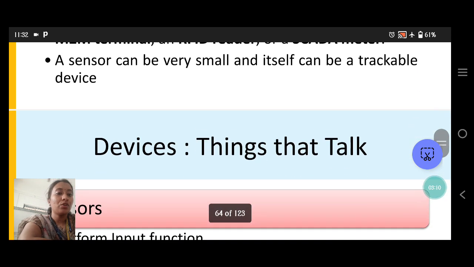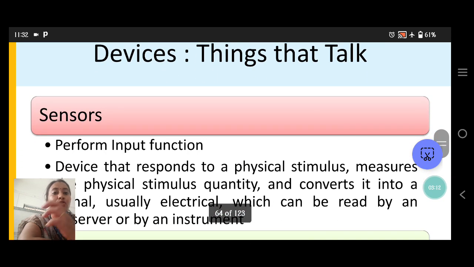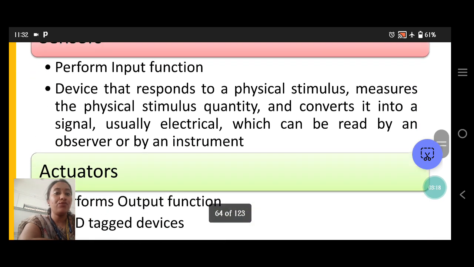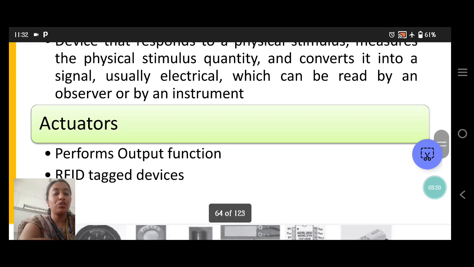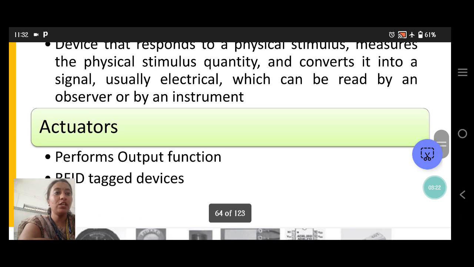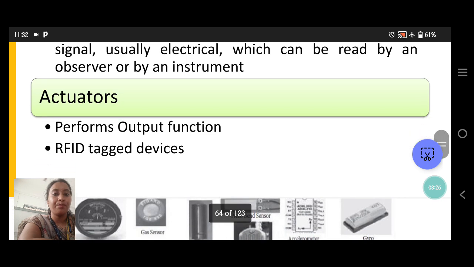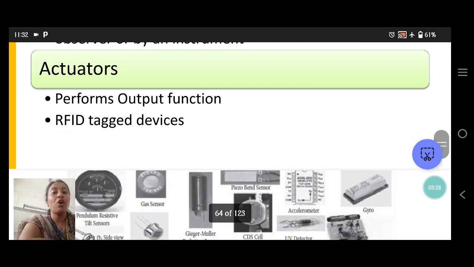So in this device, things that talk, sensors perform an input function: a device that responds to a physical stimulus, measures a physical quantity and converts it into a signal, usually electrical, which can be read by an observer or an instrument. It also performs an output function, like RFID tagged devices.